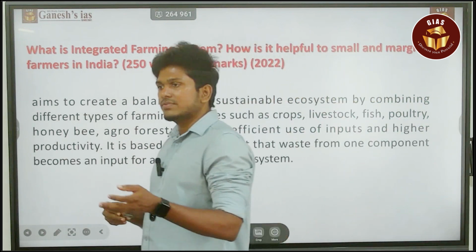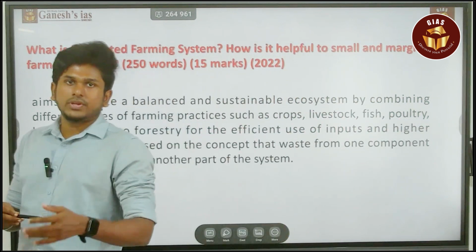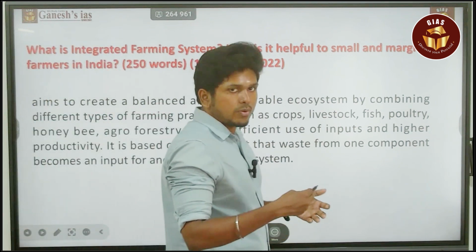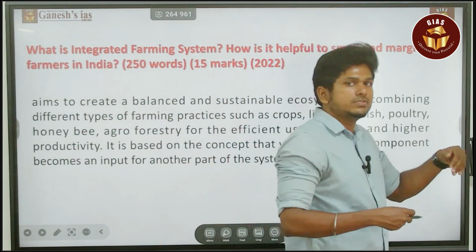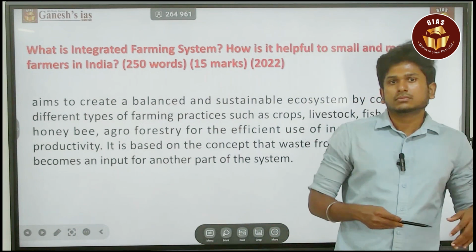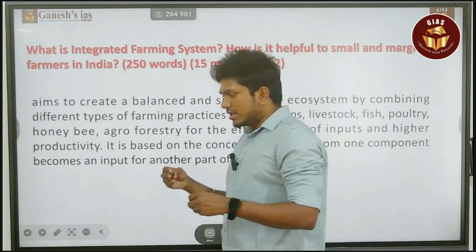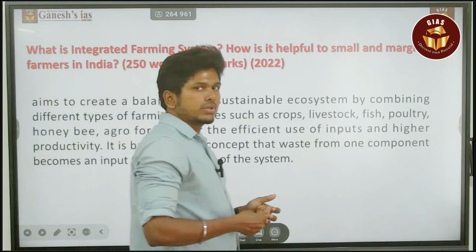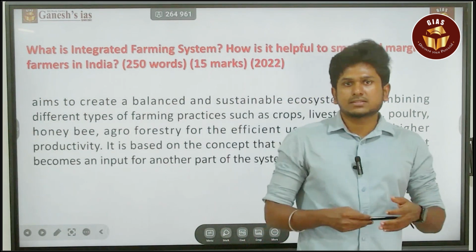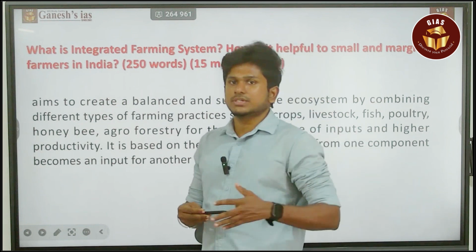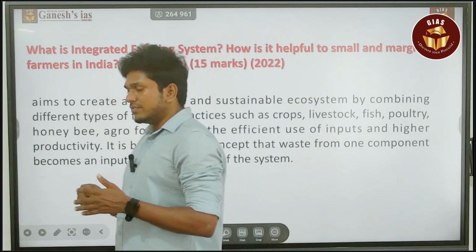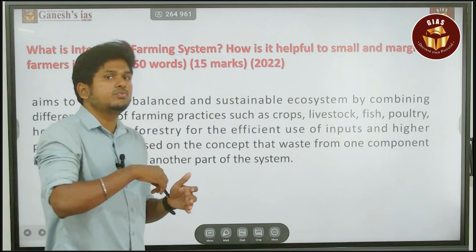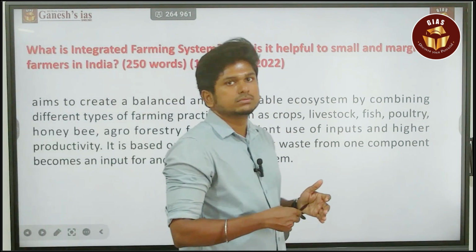That will act as a fertilizer for your crop field. At the same time, the crop's residue acts as a food for the fish. So which means there will be any fungus or anything. Okay, so that will act as a food for the fishes.